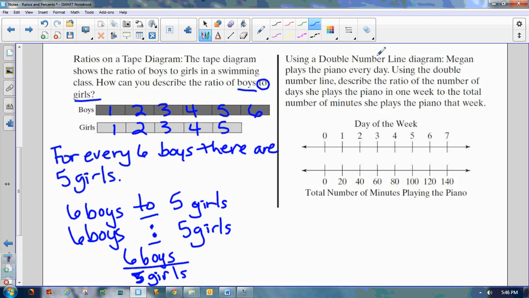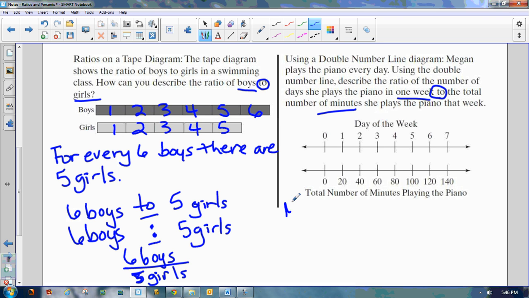Now, in the double number line diagram, they give us the scenario that Megan plays the piano every day. Using the double number line, describe the ratio of the number of days she plays in 1 week to the total number of minutes. So they want us to describe this.